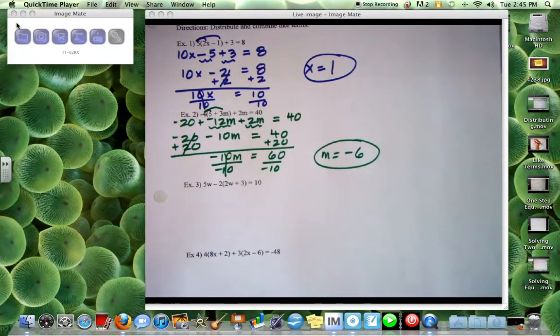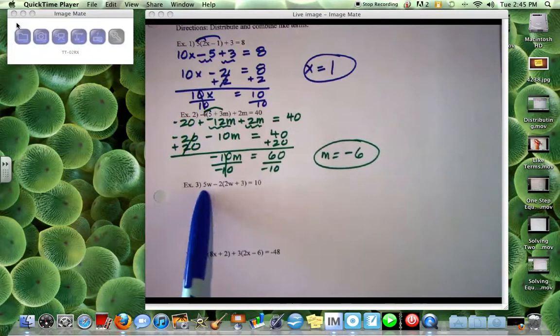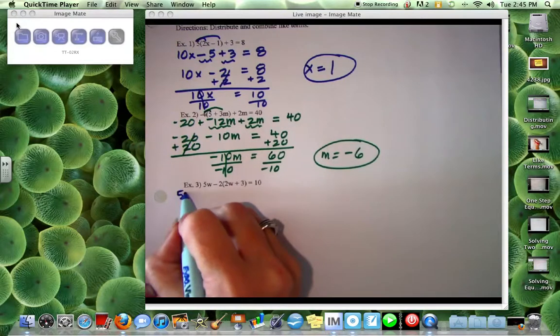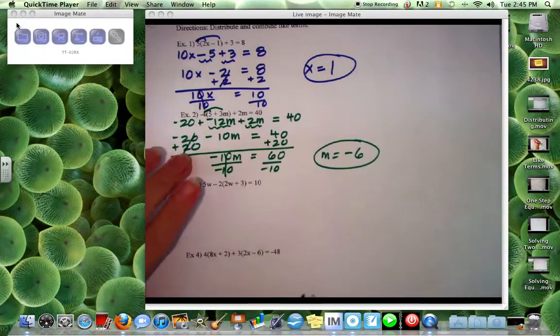Example 3. We have 5w outside of what's going on with the distributing. So we bring the 5w down first. Now, we have to make sure we include the negative 2, the negative sign with the 2 when we're distributing.